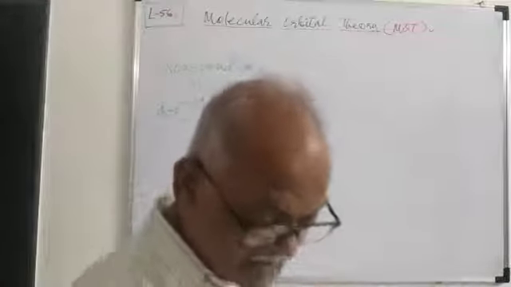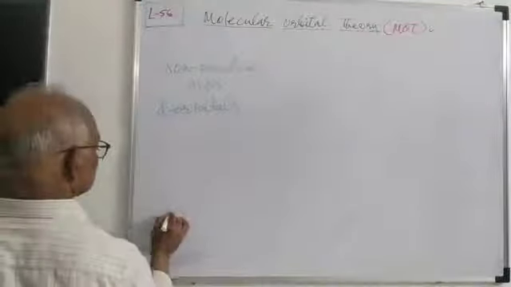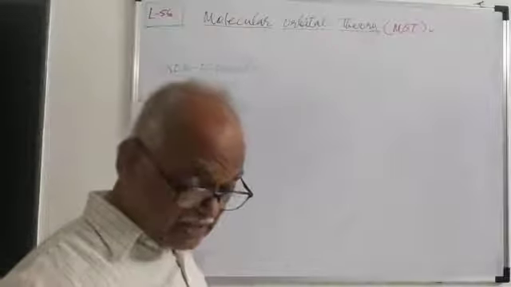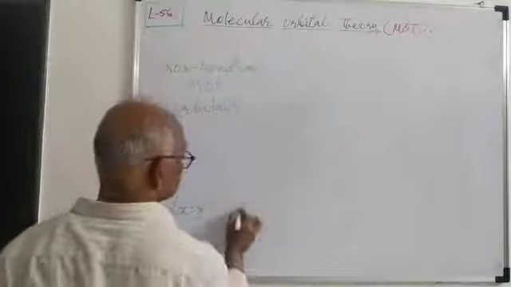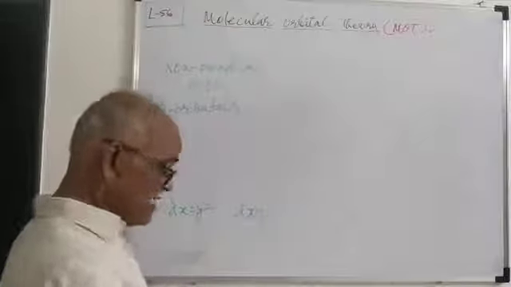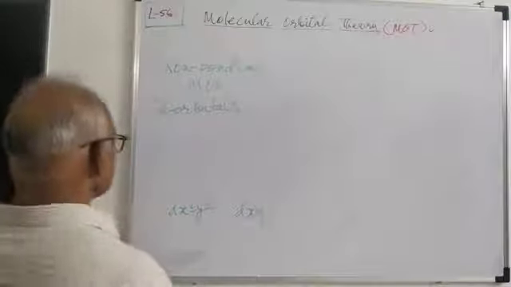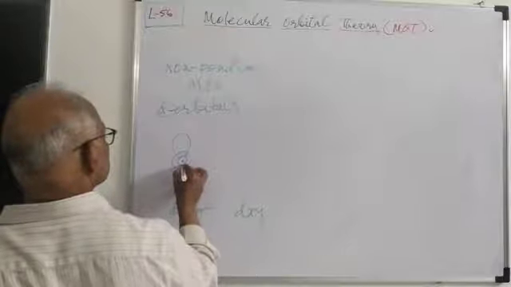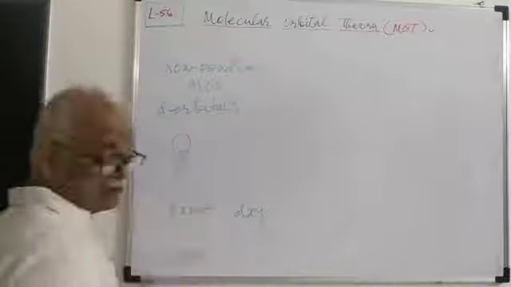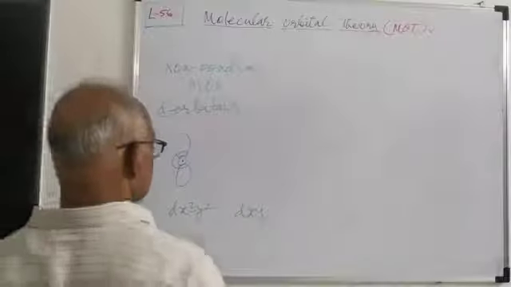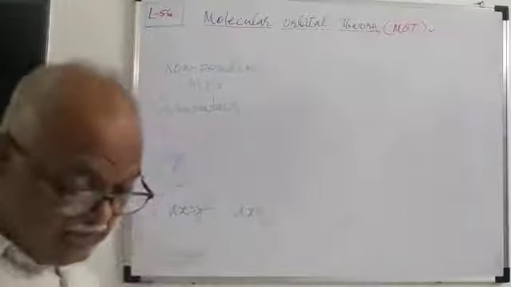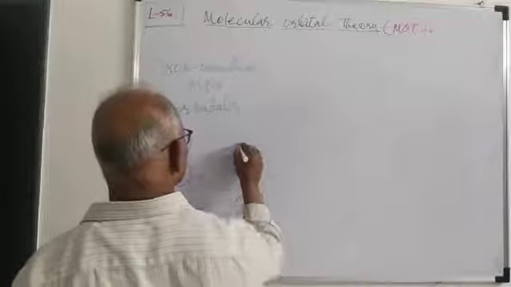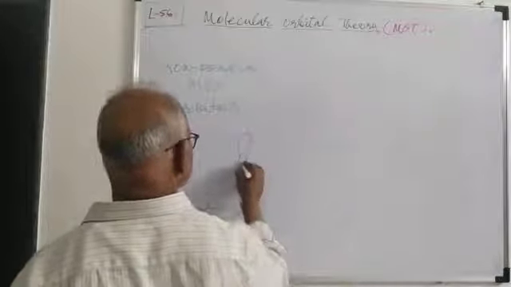Again, the third case is dx2 minus y2 and another is dxy. The dx2 minus y2 orbitals have a structure like this. These are dx2 minus y2, and if we have dz2, then they have shapes like this.